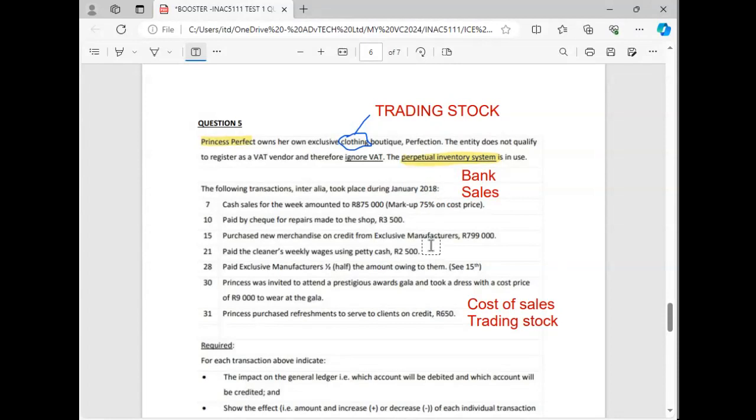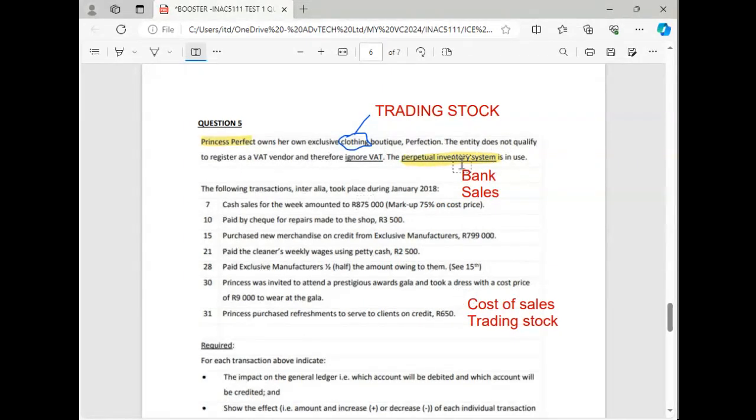But at the moment, what you must know is that under perpetual inventory system, the word perpetual means continuous inventory system. It means when you record sales, at the same time you show the cost of sales. If you sell something, you must show the selling price and, at the same time, the cost price. That is what you just have to know at the moment.